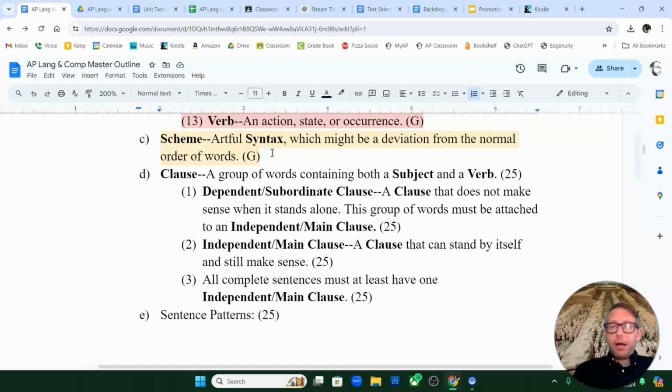Now, the thing that comes up as we're talking about this, though, is, okay, if it's a deviation from the normal order of words, one of the things we need to talk about is what is the normal order of words? One of the things you might recall, and we'll get into this a little bit more before the end of today's lesson, is that every sentence is going to have a subject and a verb, often an object as well.